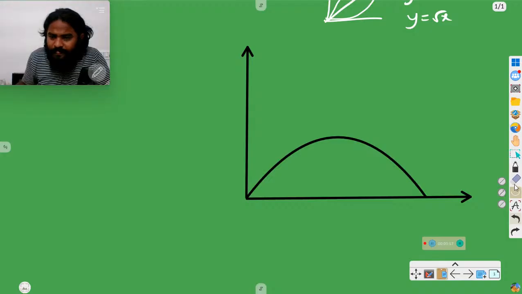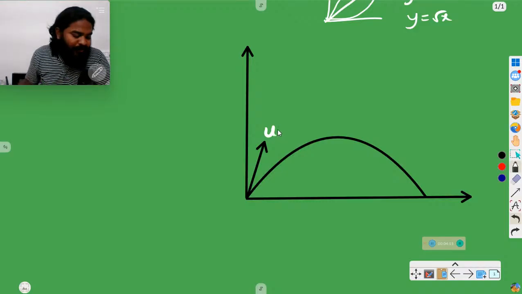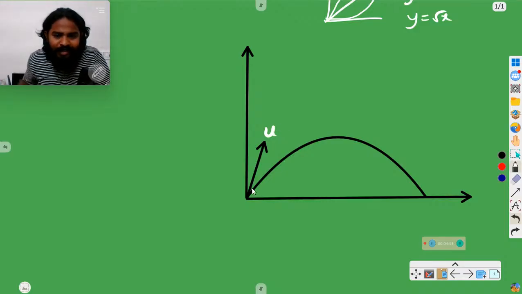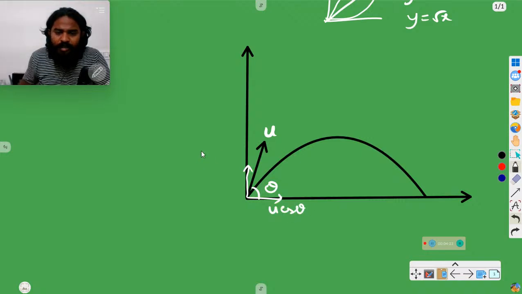Initially I projected this object with the velocity u. See, this is the initial velocity. You know that it is making an angle theta with the horizontal, and this u can be split into two components: one is u cos theta and another is u sin theta.